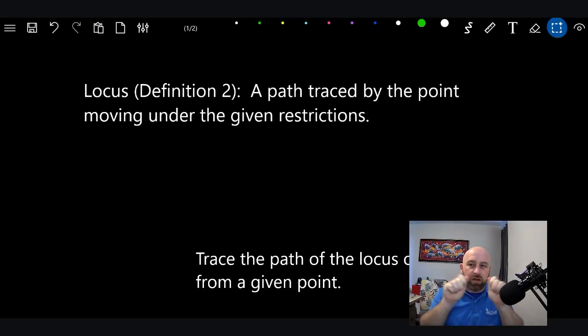You restrict your compass to, let's say, 2 inches, and you lock that in. Sometimes the compass has a little wheel in the middle of it, and you tighten it down and lock it in. Well, that compass can't move because now it's locked in. So when you put that point down, that compass can only move under the restrictions that you gave it. You restricted it to 2 inches, so it can only move in that 2-inch restriction.